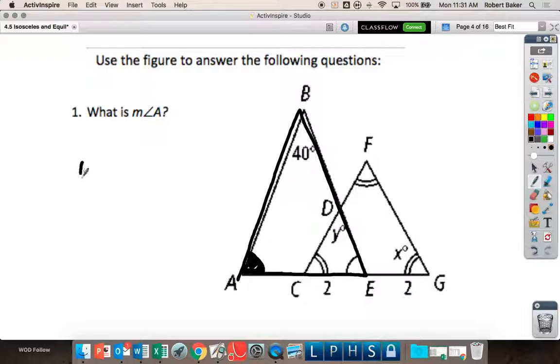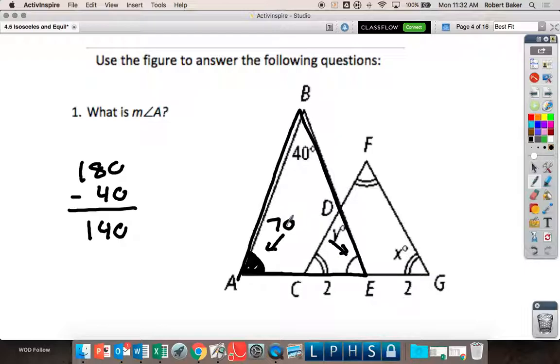If you take 180 degrees and subtract the vertex angle of 40 degrees, you're left with 140 degrees. You must split that equally amongst the two base angles, and you get how many degrees for each base angle? 70. Does that seem hard, besides me verbally speaking it?